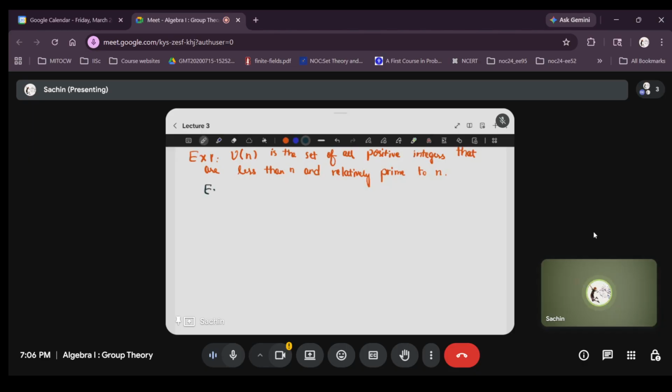For example, for n is equal to 8, U of 8 is 1, 3, 5, 7.